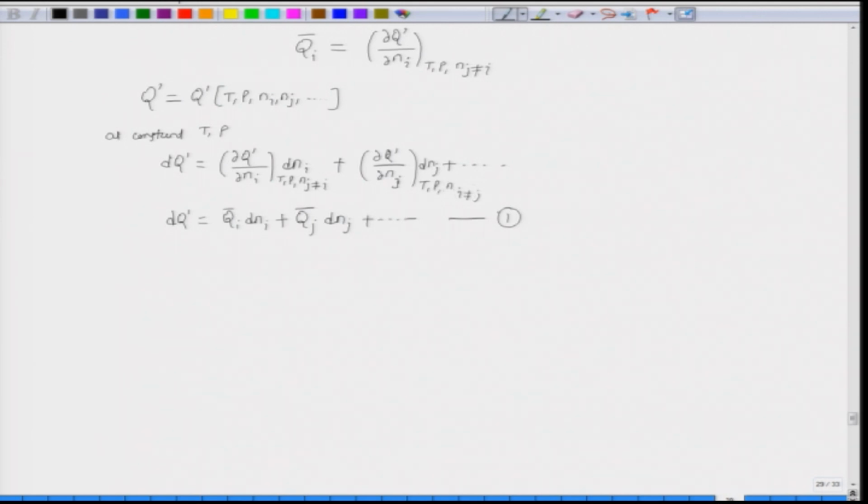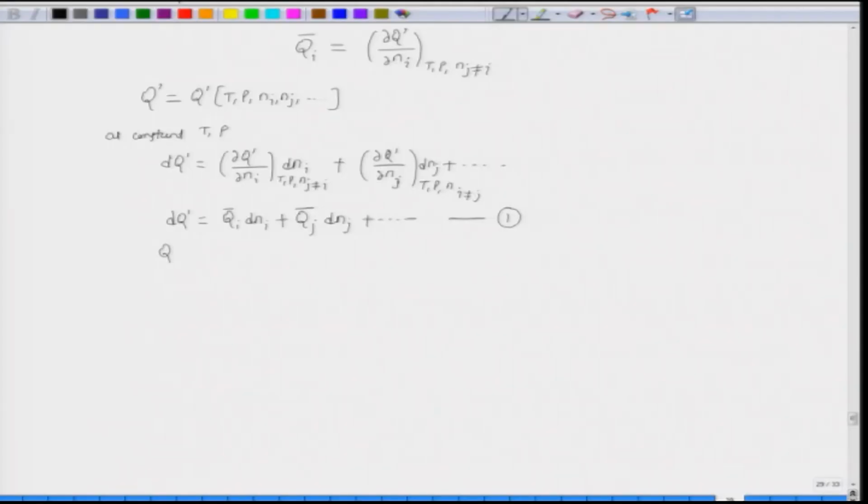Now, as I said, a partial molar property is basically the contribution per mole of species i to the total property Q prime, right. So, we can write Q prime as Ni Qi bar plus Nj Qj bar and so on.